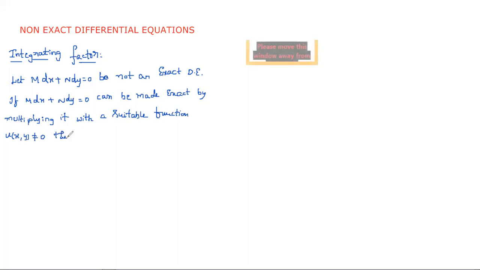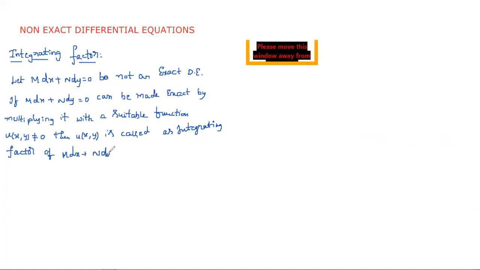Then u of x, y is called an integrating factor of M dx plus N dy equal to 0.